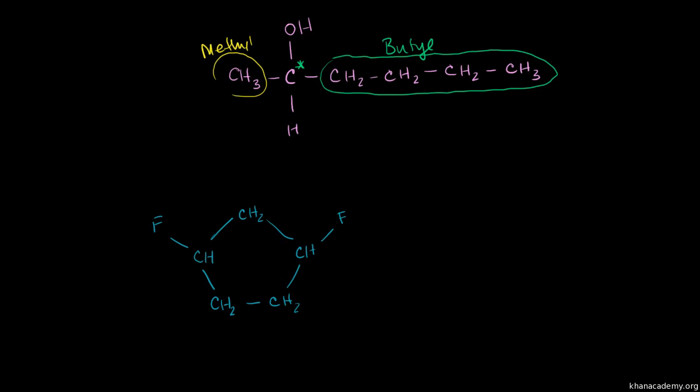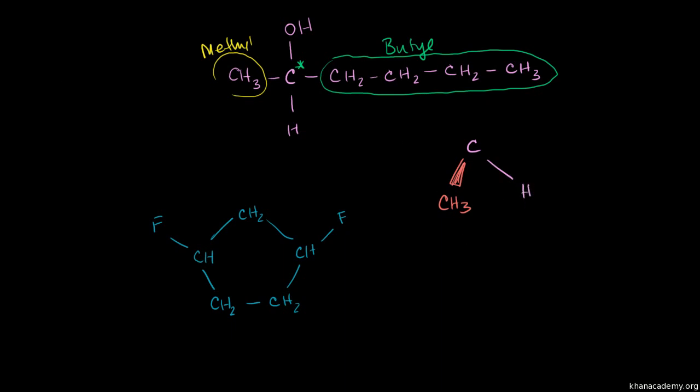Another way to think about it, we could have drawn this molecule like this. We could have had a carbon in the center, and maybe this methyl group is popping out like this. You have your CH3, and then you would have this hydrogen coming out maybe in the plane.